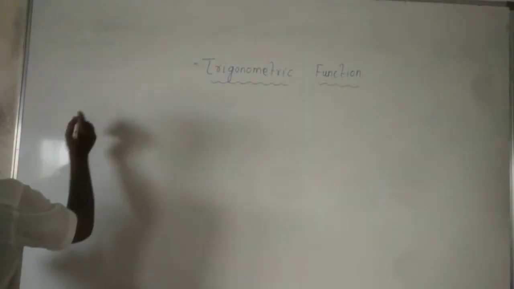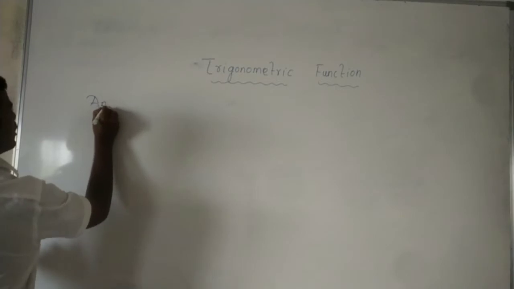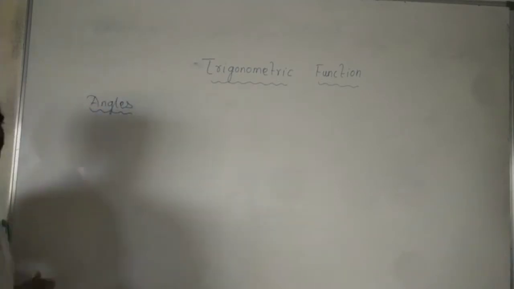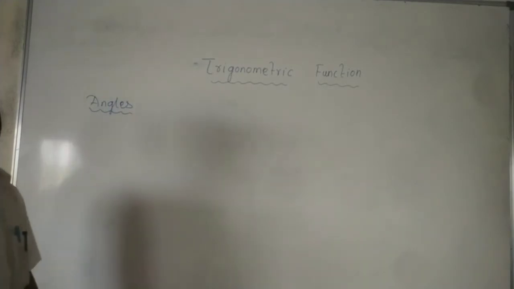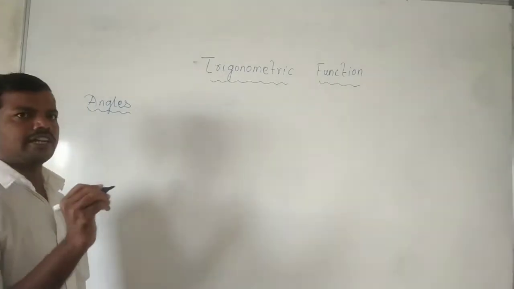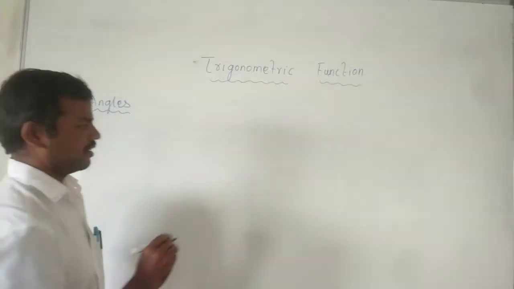In this chapter we are going to discuss angles. What do we mean by an angle? An angle is nothing but the amount of rotation from an initial ray to the terminal ray.